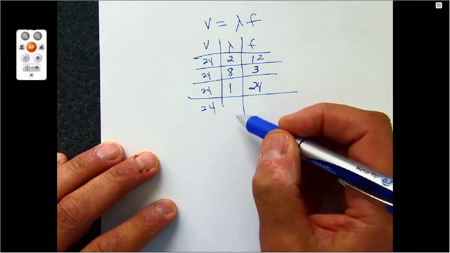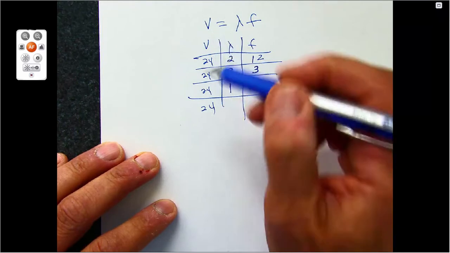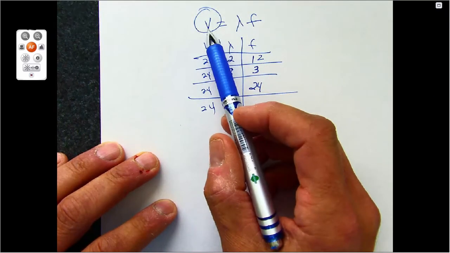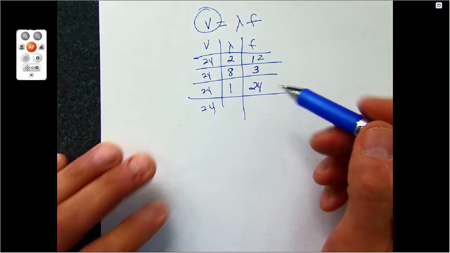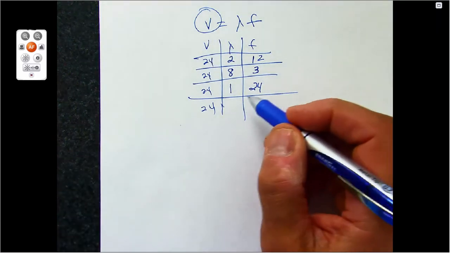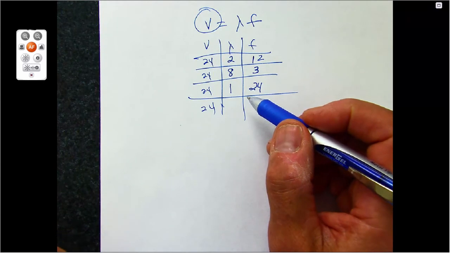They act opposite of each other. That is the only way to maintain the same speed of our wave.